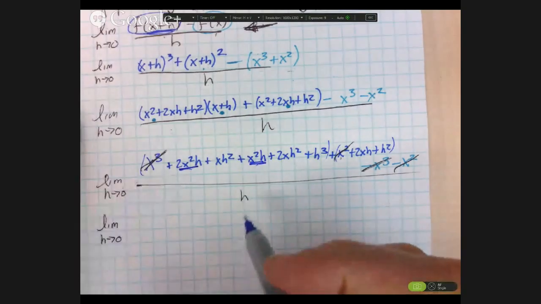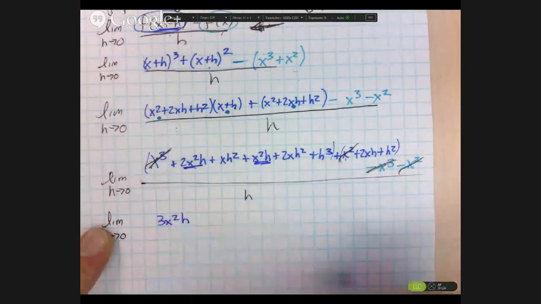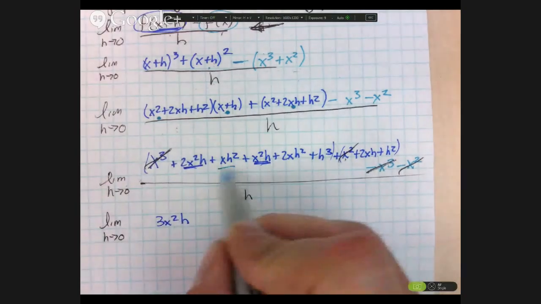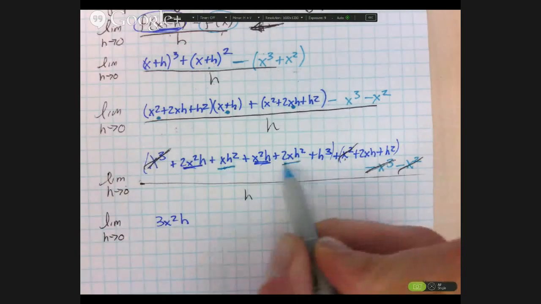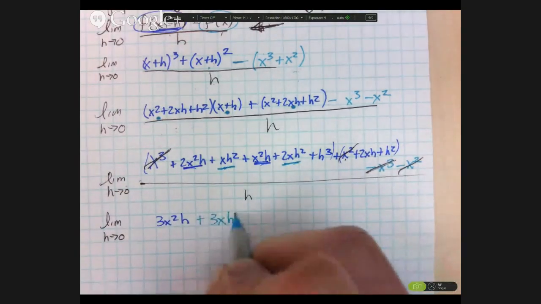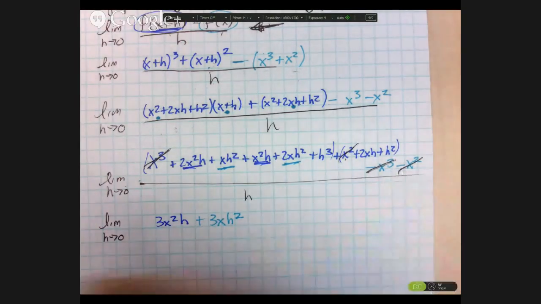So how many x squared h's are there? Those are the ones that can combine, right?